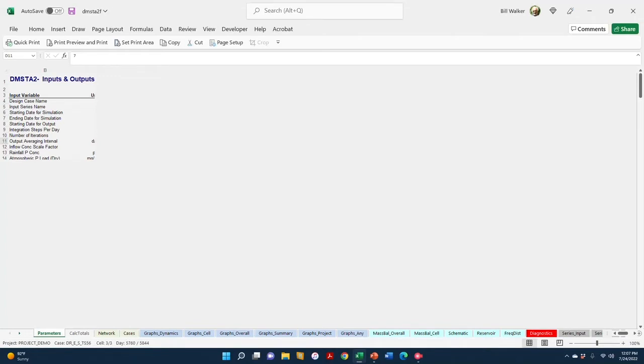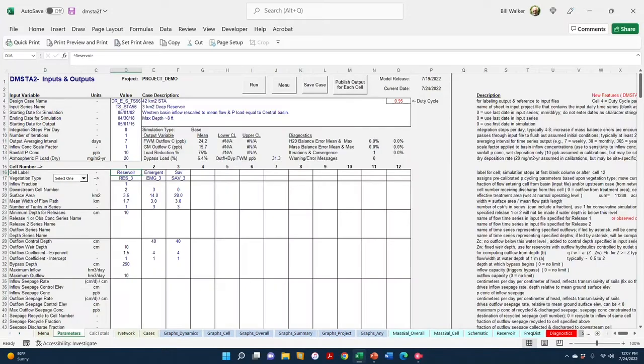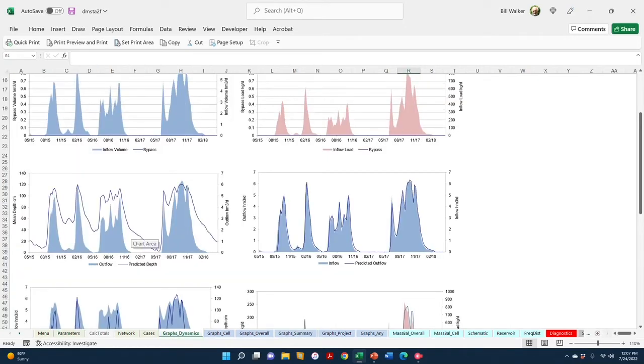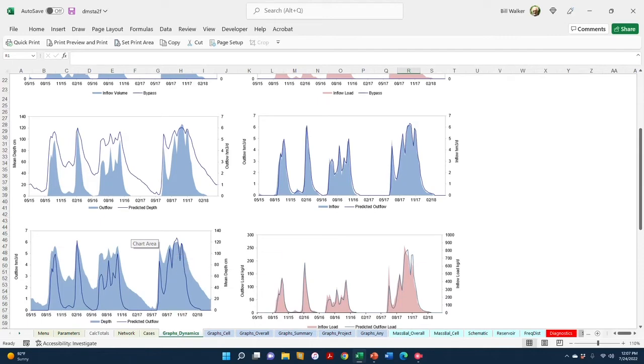So when you run at a shorter time step like that, it takes a tad bit longer, but the overall simulation times are not bad. Drink coffee or something.